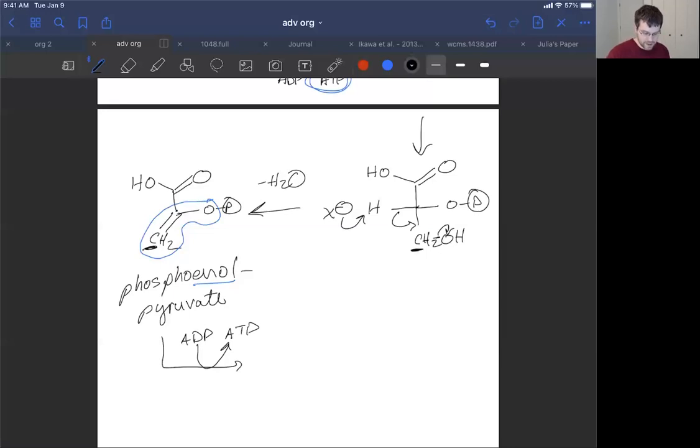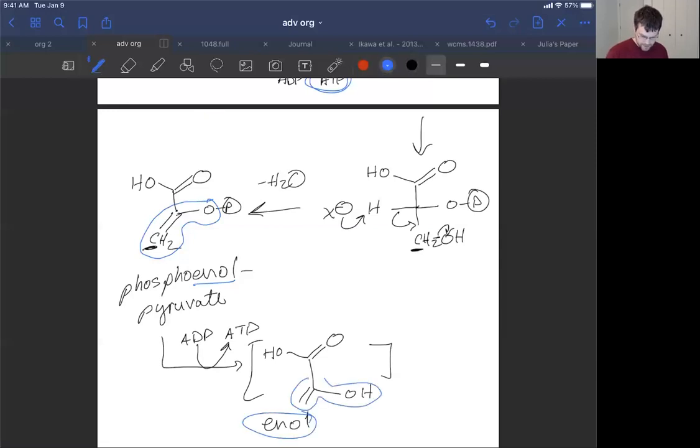So the ADP converts into ATP, and you're not going to see any real evidence of this product forming to an appreciable degree, because now we have an enol. I'm going to put that in brackets to highlight that this is an intermediate. Highlight that in blue again.